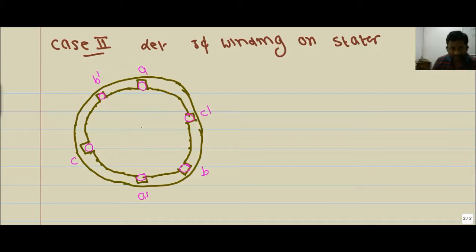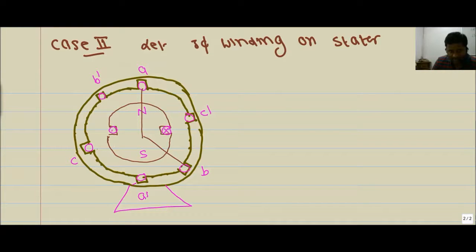And the rotor is there, containing poles in this fashion. So here we can say that A, then B, then C.